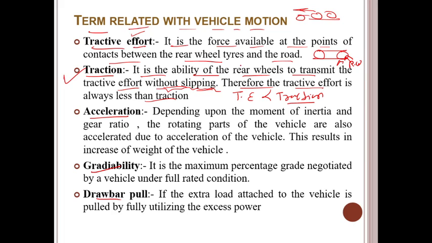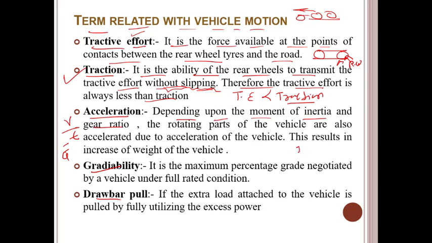Now another one is acceleration. What is the meaning of acceleration? We know it is the rate of change of velocity with respect to time. It depends upon the moment of inertia and the gear ratio.